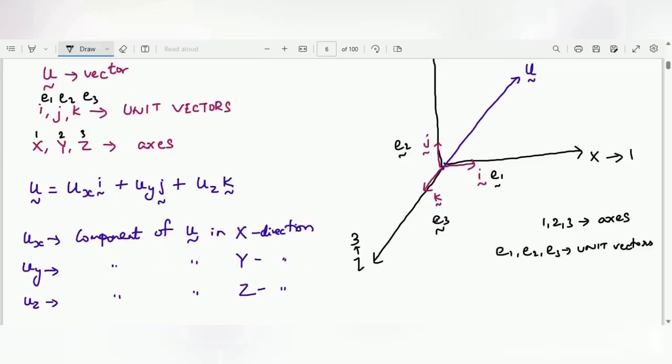Now if I replace x, y, z by 1, 2, 3, and i, j, k by e1, e2, e3, let us see what happens to this u vector. The u vector has been written in component form as ux i vector plus uy j vector plus uz k vector.